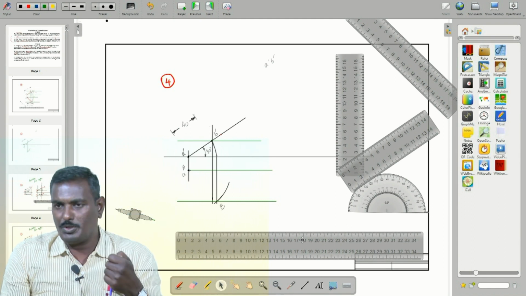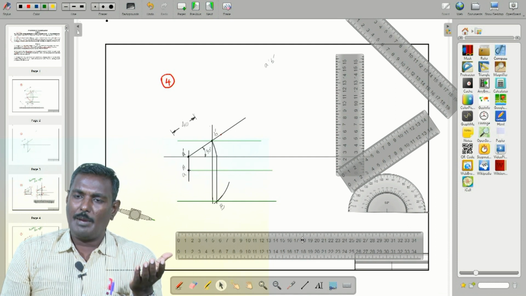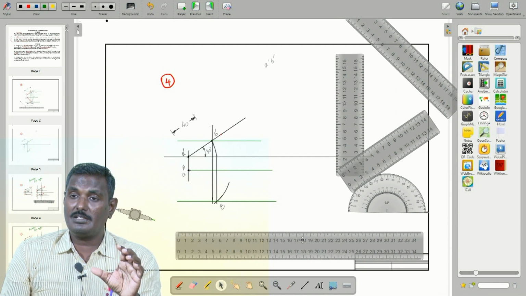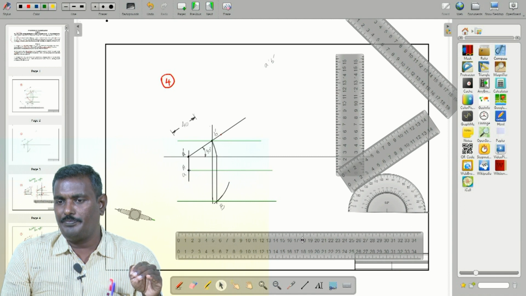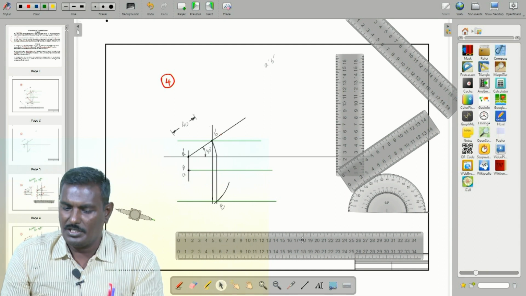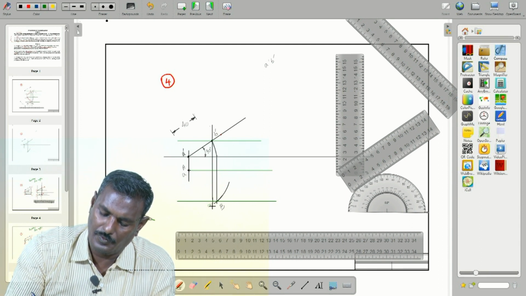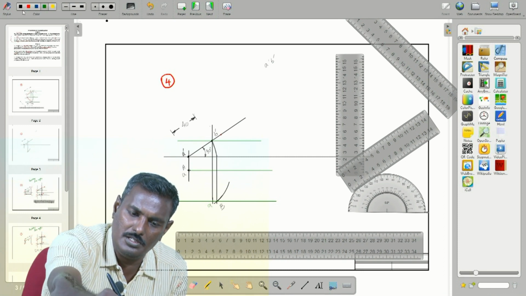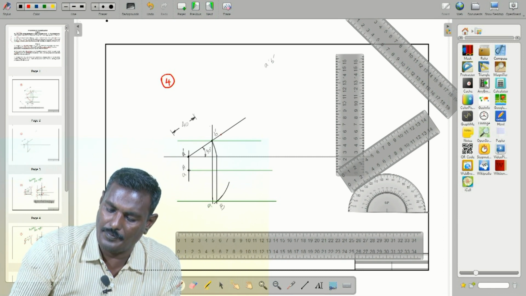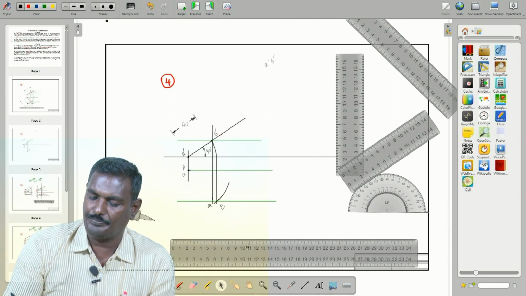From that draw a projector, so that will intersect the radial line of capital A capital B, that has the locus line. So this locus line is intersected by the projector drawn from A dash B dash, and that is called small a.